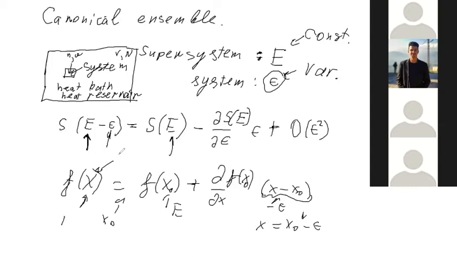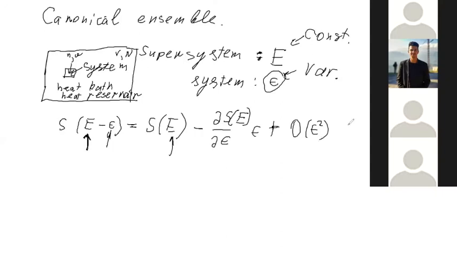And then here we have x naught minus epsilon. Well, x naught is E. So it's a little game with the arguments. You should get a little more fluent with the Taylor expansion.